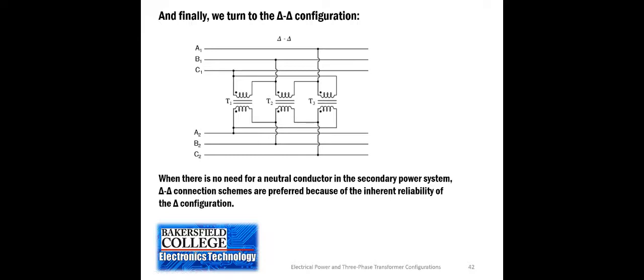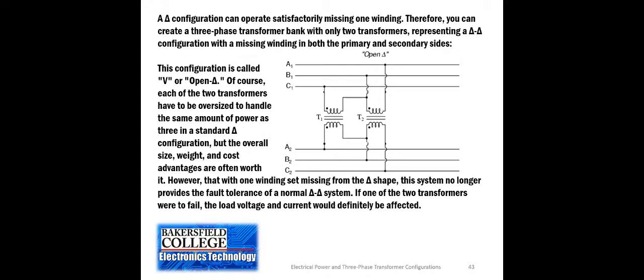a replacement transformer installed. Well, if you take a look at how the open delta is connected, one transformer is connected between one phase and the second one. Those two are connected in series with each other. The third connection, which is in this case connected to the A phase, completes the circuit.